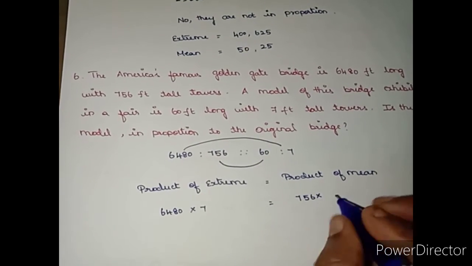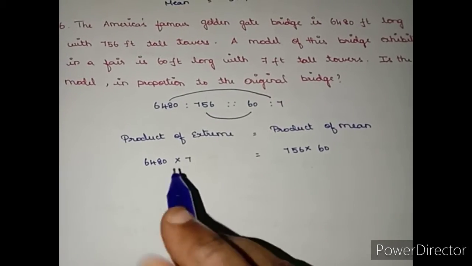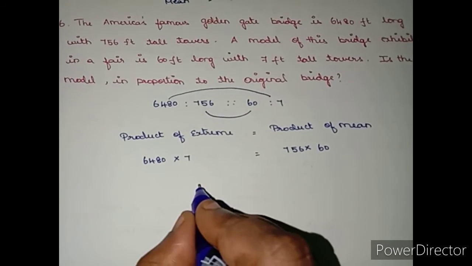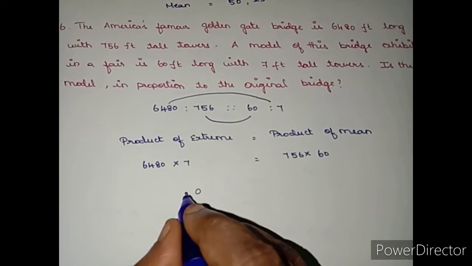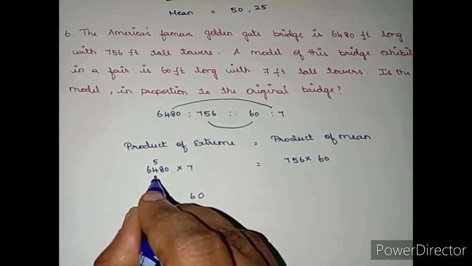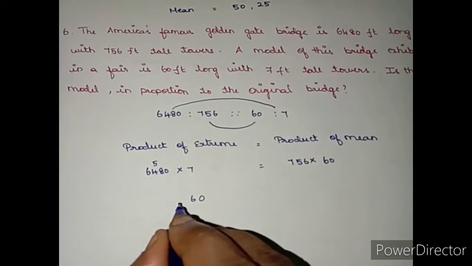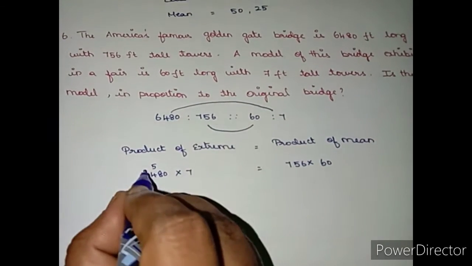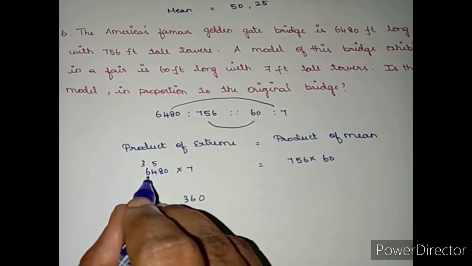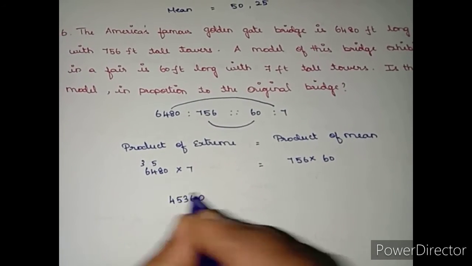756 into 60. Yes. So with 7 table, 7 into 0 is 0. 7 8s are 56. 5. 7 4s are 28. 28 plus 5 is 33. 3. 6 7s are 42. 42 plus 3 is 45.